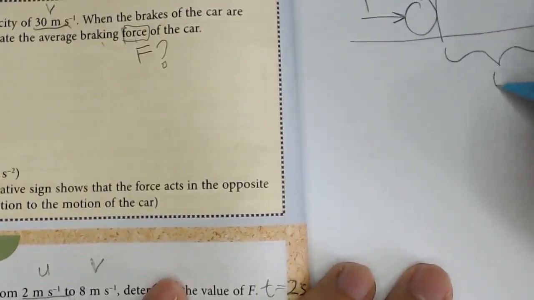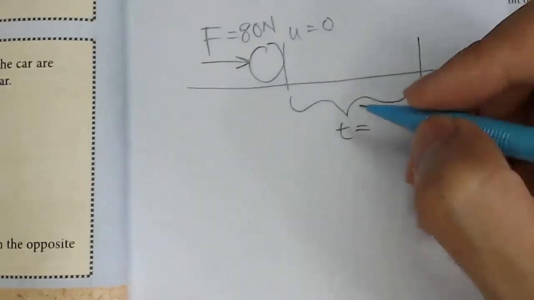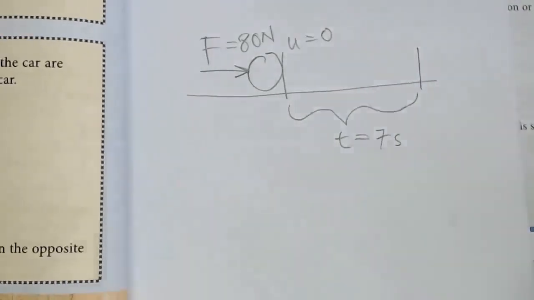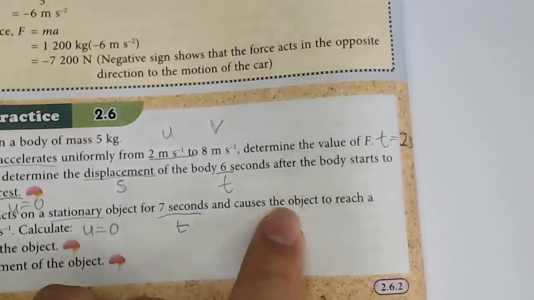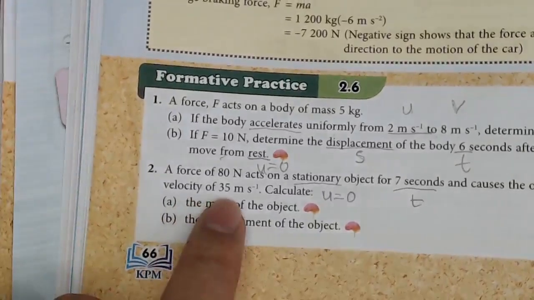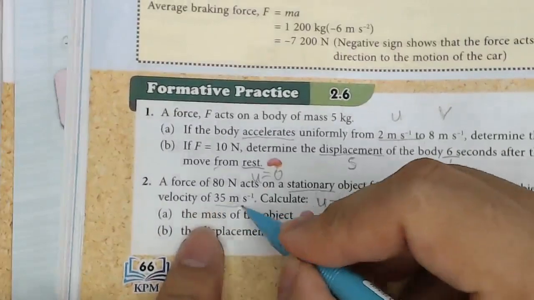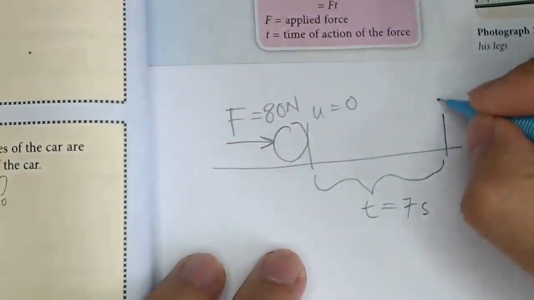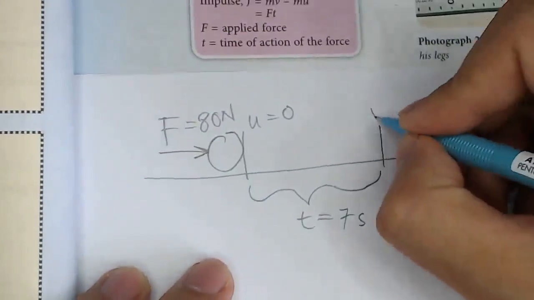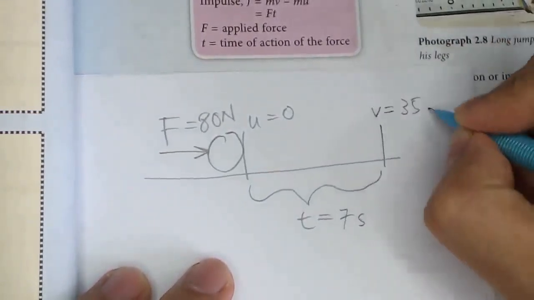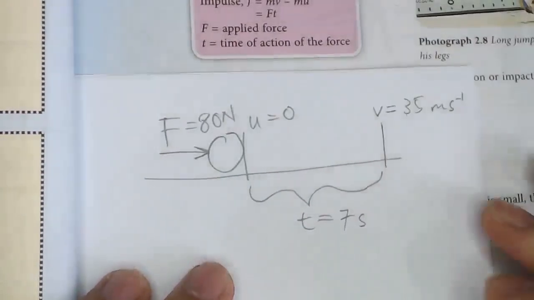So it takes t is equal to 7 seconds and causes the object to reach a velocity of this is v. Okay, final velocity. So here is where you put v, 35 meter second -1.